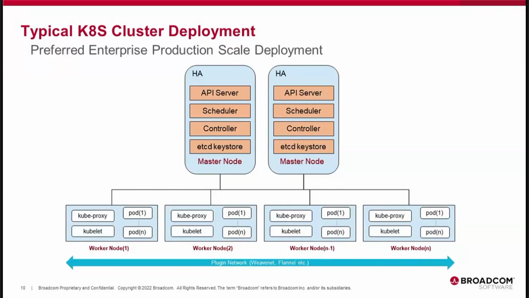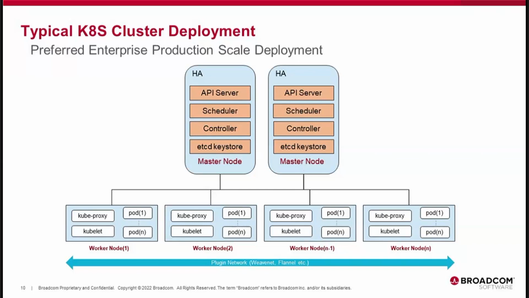So there will be more than one master node for HA support, and then the actual job will be done by the worker nodes, and then there will be a network for communication. Now, from a master node perspective, there are some key entities that will be installed on the master node, which is the control plane for the overall Kubernetes cluster.